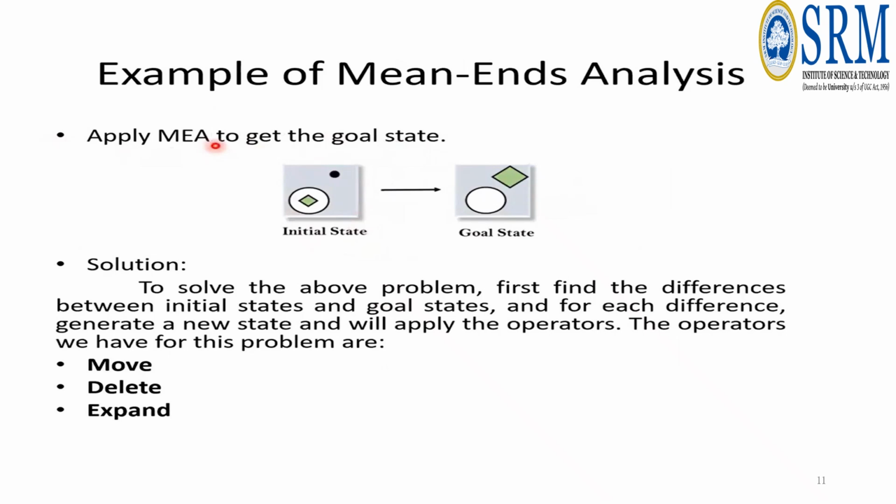To solve this, first we identify the differences between the initial state and the goal state, and for each difference we generate a new state by applying operators. Mainly we use different types of operators like move, delete and expand. These are the three different types of operators with which we carry out means-end analysis.